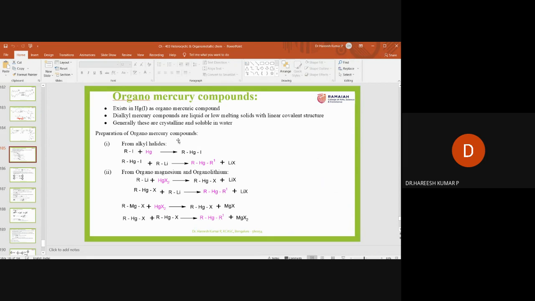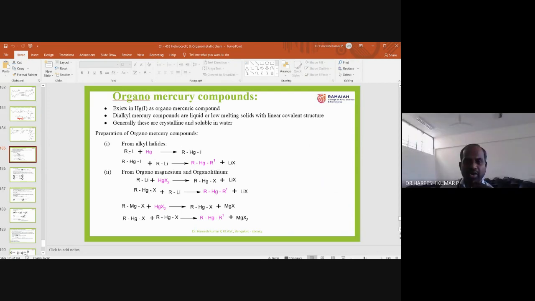So let's go to the preparations. Here I am discussing a number of methods of preparation. Look here, the first method is from alkyl halide. Here I am taking RI, which means alkyl iodide.